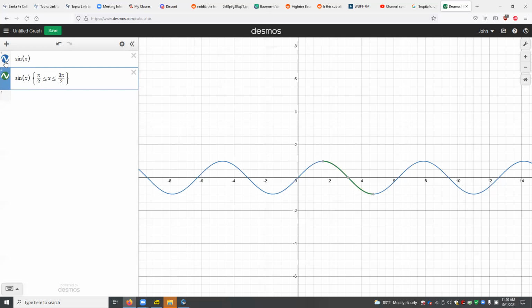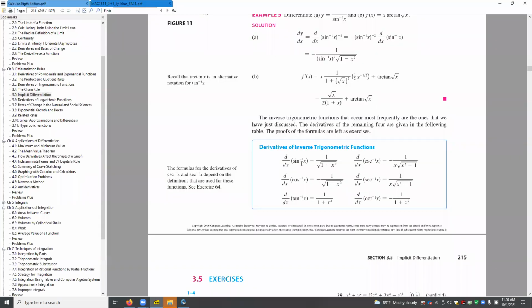So I could use this as my restricted domain for the inverse sine function, and that would give me something different than if I use the normal one. So some people use weird restrictions for inverse trig functions, but if you use the standard restrictions, which are negative pi over 2 to pi over 2 for sine and tangent, and 0 to pi for cosine and secant, then these are the formulas you get.